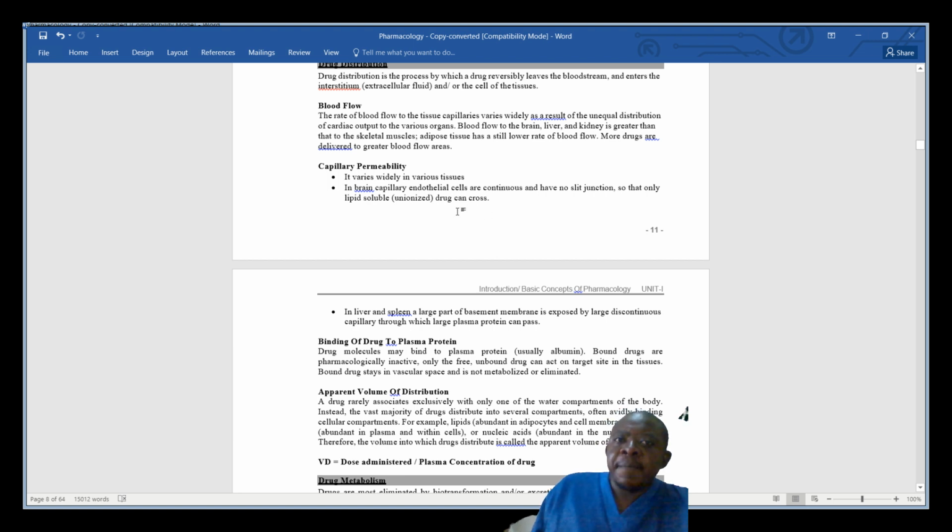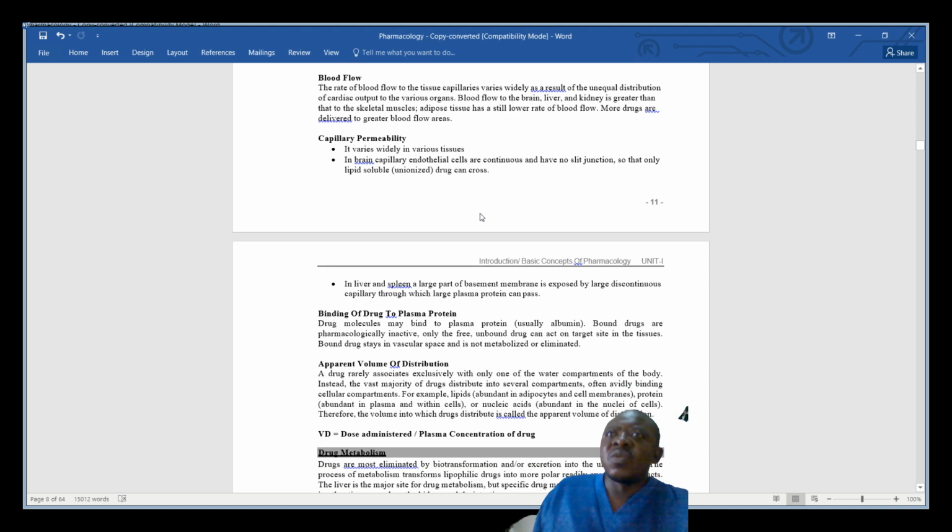The brain capillary endothelial cells are continuous and do not have slit junctions, so not all drugs will reach the brain. This is what we call the blood-brain barrier. In the liver and spleen, a large part of the basement membrane is exposed by large discontinuous capillaries through which large plasma proteins can pass.